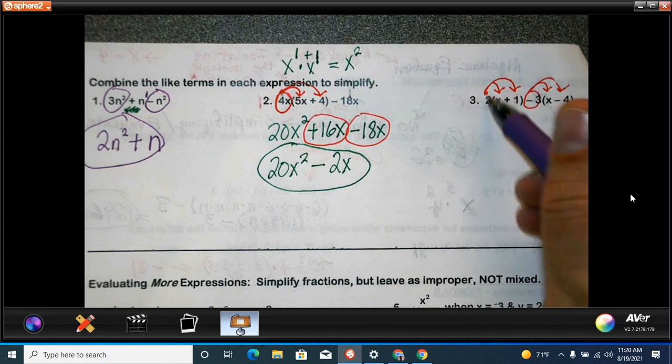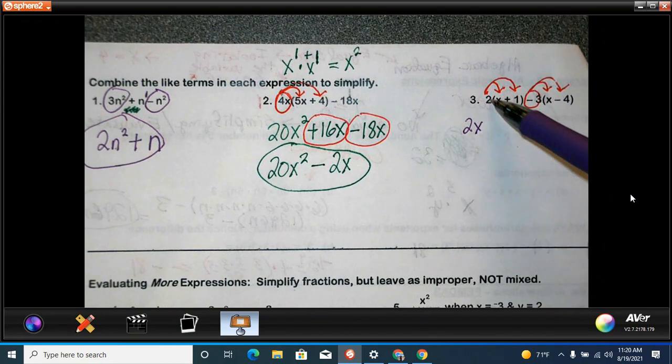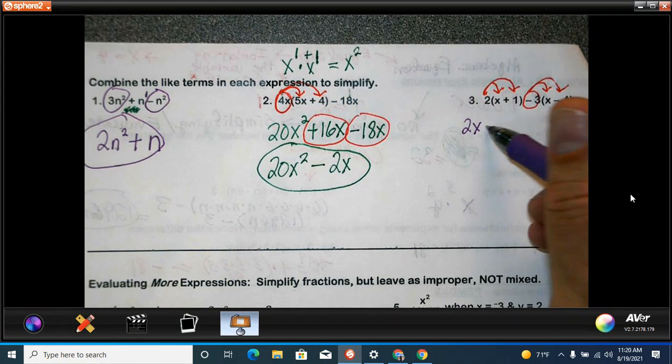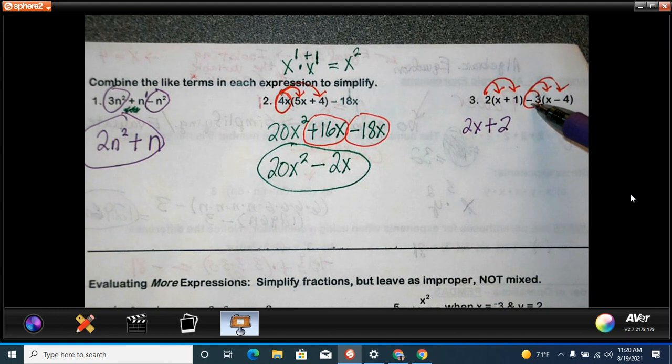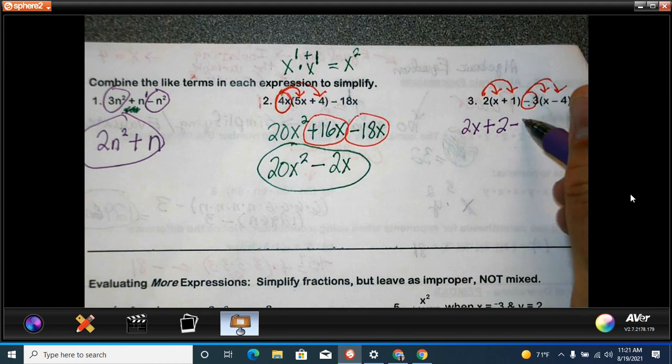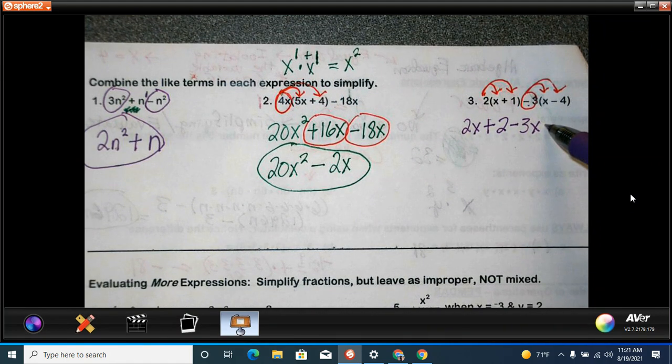So 2 times x, 2x, 2 times 1 plus 2, negative 3 times x, negative 3x. Negative 3 times minus 4, or negative 4, a positive 12.